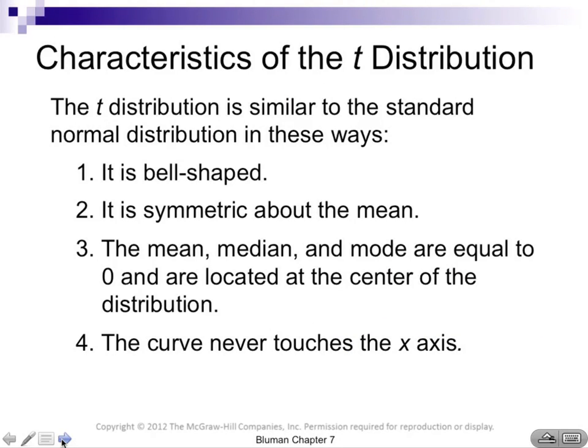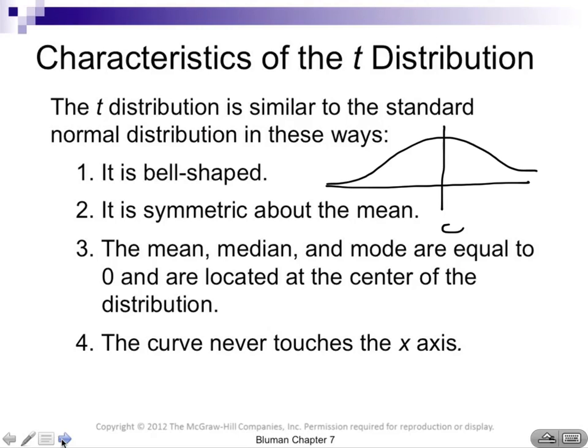Characteristics for the t distribution. The t distribution is similar to the standard normal distribution in that it's bell-shaped. It is symmetric about the mean, just like the normal distribution. Mean, median, and mode are equal to 0 and are located at the center. So if we're drawing a t distribution, we're still talking about a bell-shaped distribution.